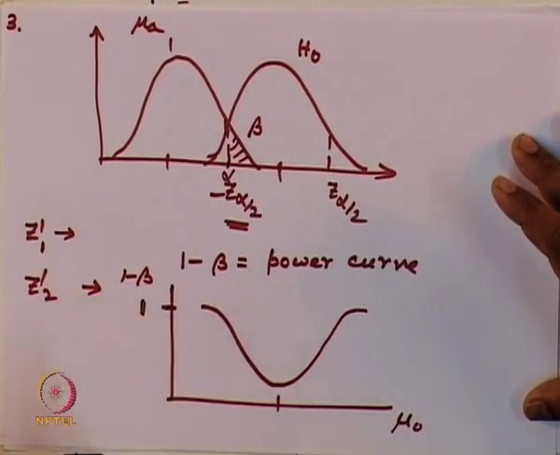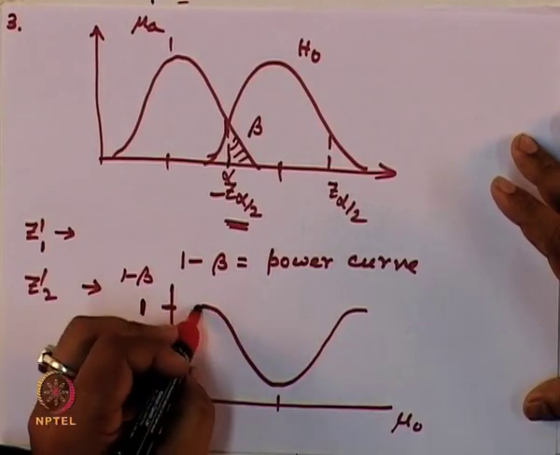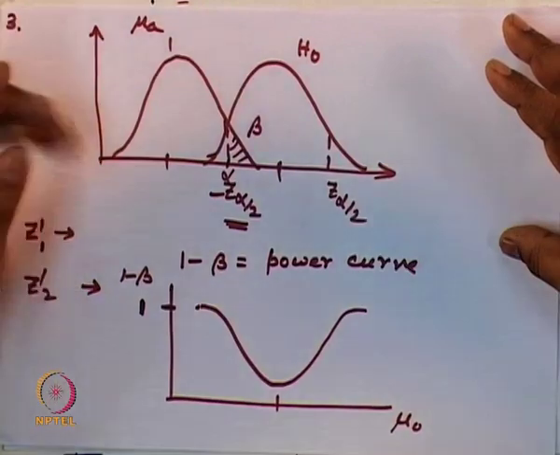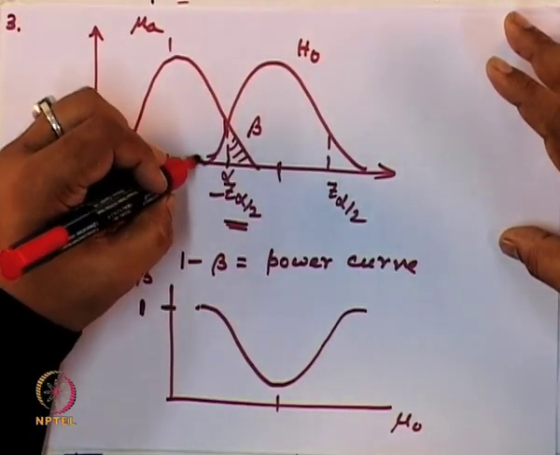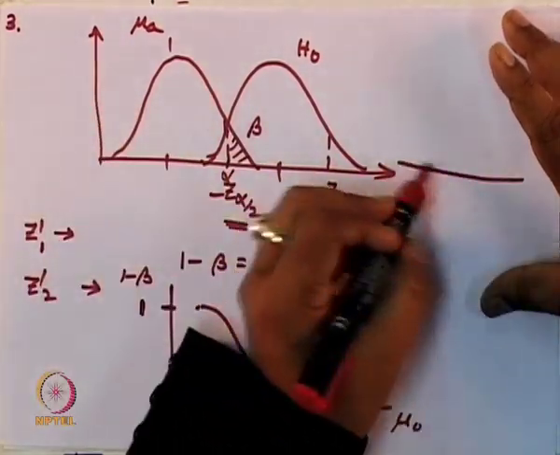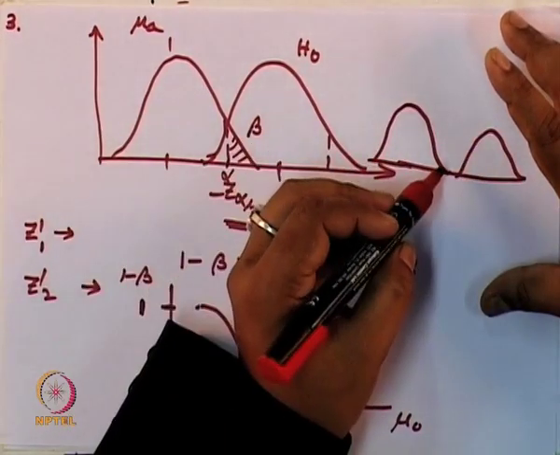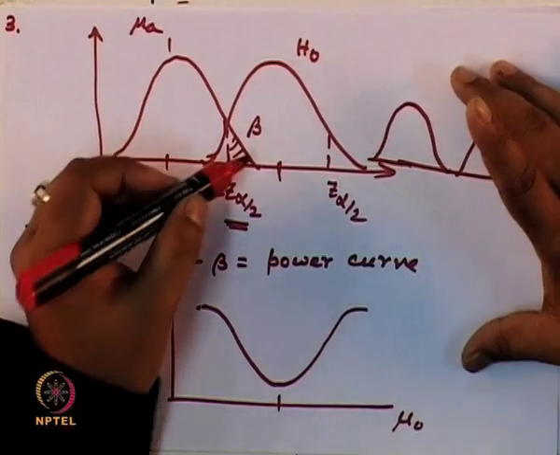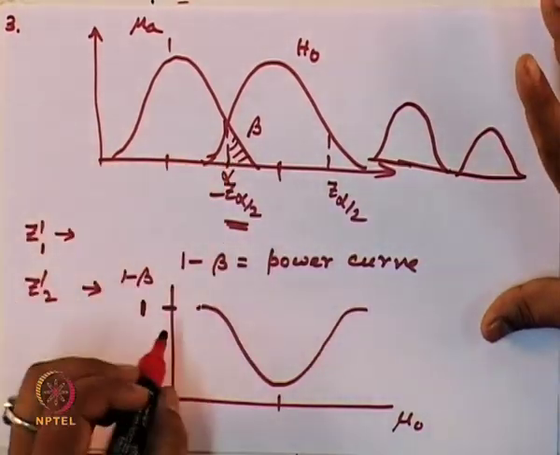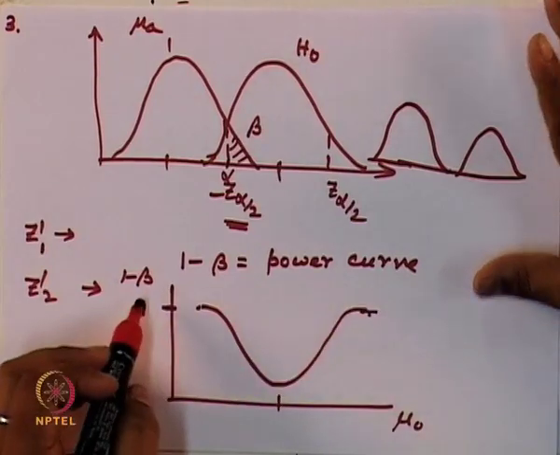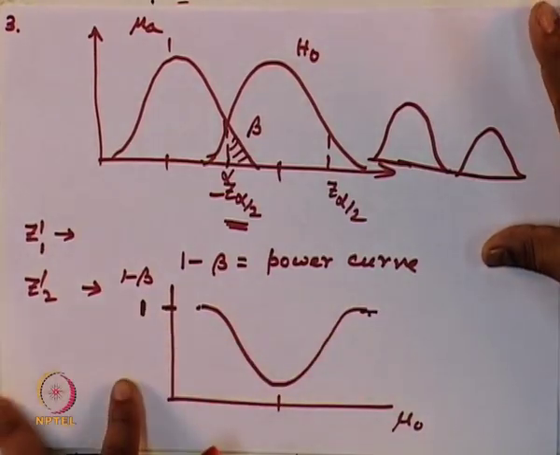Why? Because when mu is far from this value, it is unlikely that you will make this mistake, and your beta will be 0. If your curves are separated from each other, then you will get a value of beta equal to 0, and then 1 minus beta will approach 1. So, at the two endpoints, this 1 minus beta curve approaches 1.